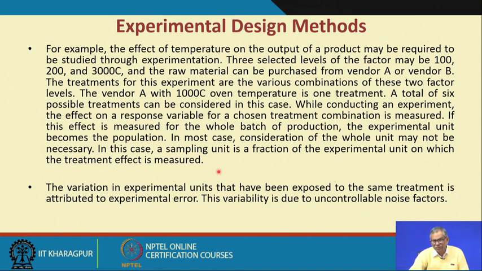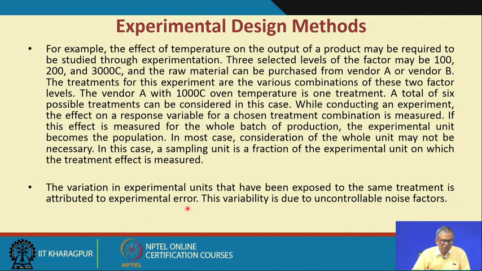It's clear? So, the variation in experimental units that have been exposed to the same treatment is attributed to an experimental error. That means, same treatment combination you have considered, and you go for replication. What you get is that the same value in a particular response variable you may not get.